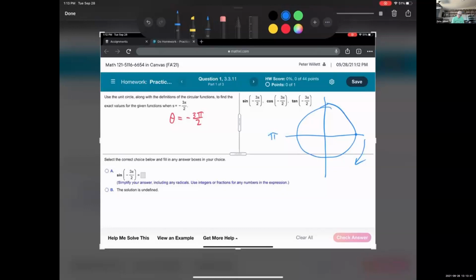If I'm going in the clockwise direction, then that would be negative pi. This would be negative pi over 2. This would be 0 where we started, but when we come back around in the opposite direction, that's negative 2 pi. And so I get to basically negative 1.5 pi when I'm up here, negative 3 pi over 2.